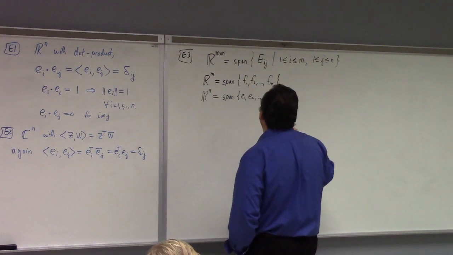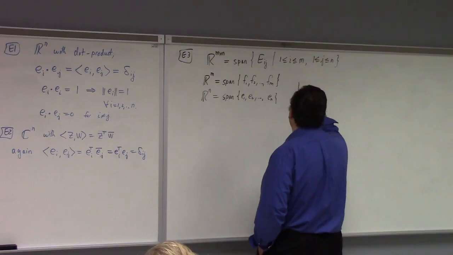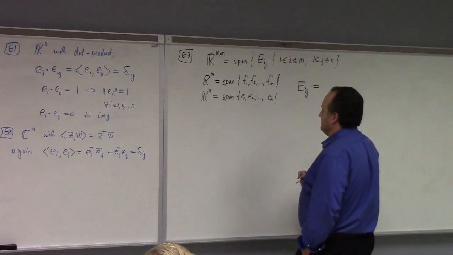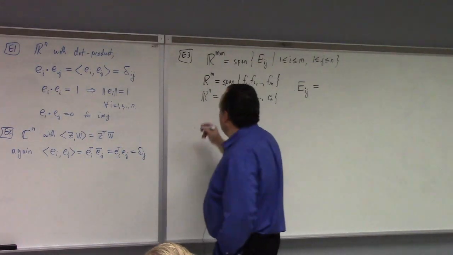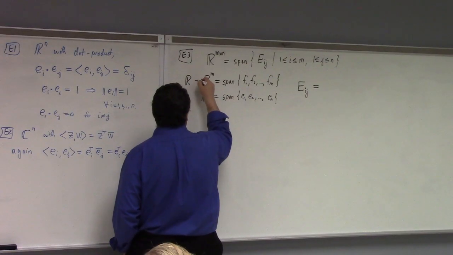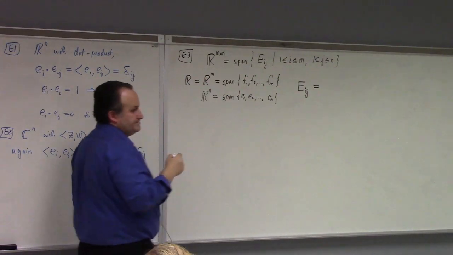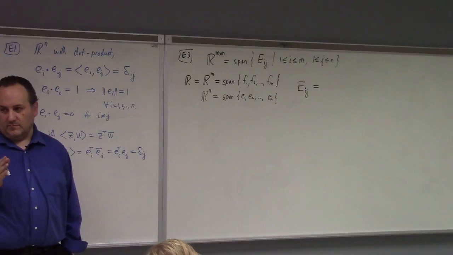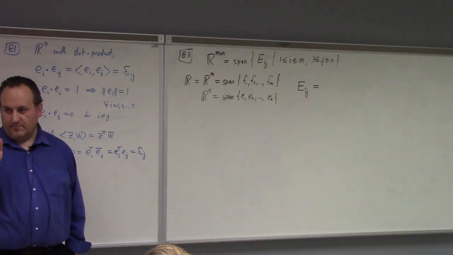And so how do we build E_ij in this system of notation? How many rows, how many columns here? R^m is what? One column, m rows.